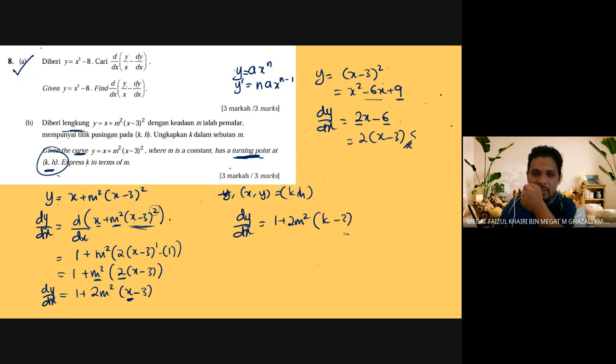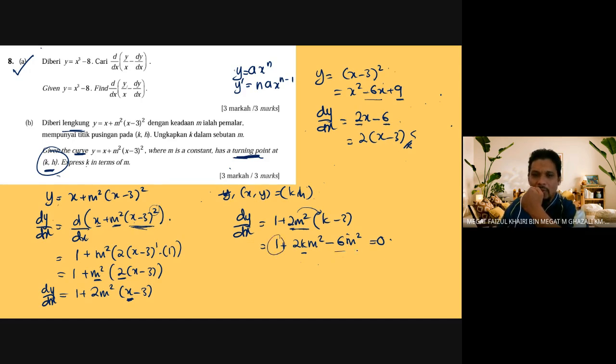K − 3. So then it is now 1 + 2m² times k, 2km², and then 2m² times −3, which is −6m². Okay, make it equal to 0 here. So then k, okay, this is the term without k.